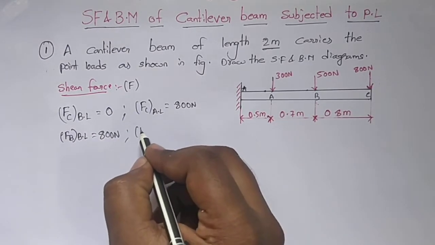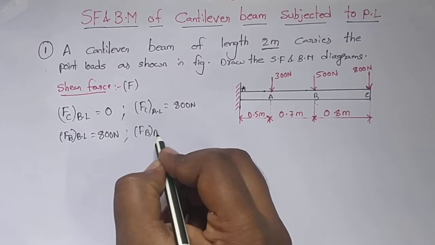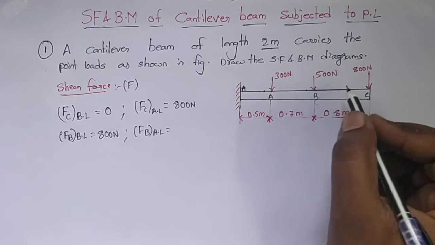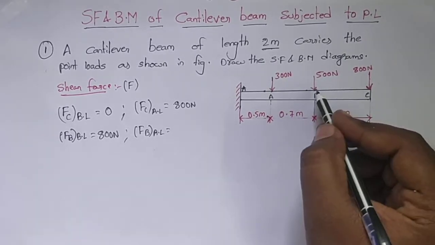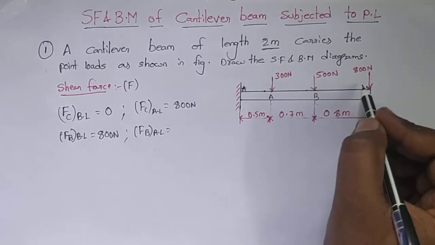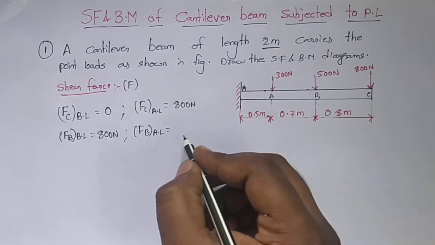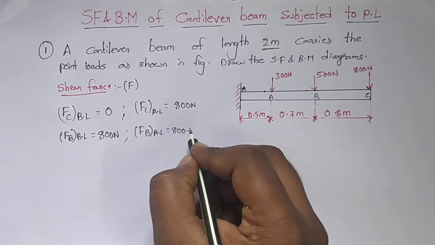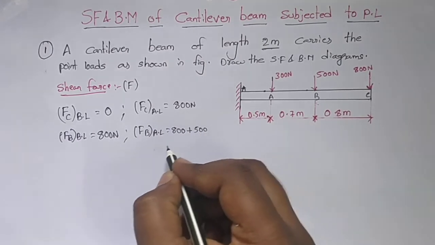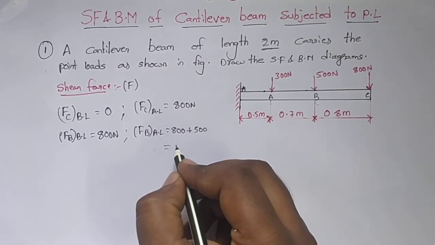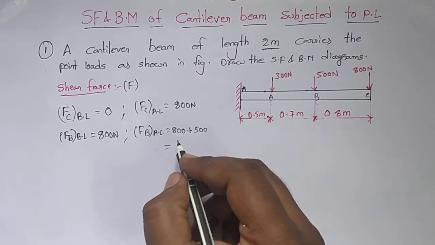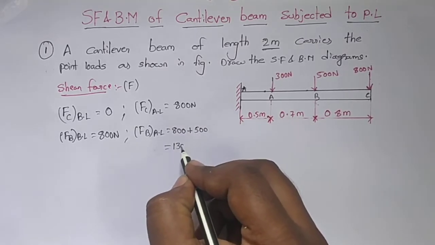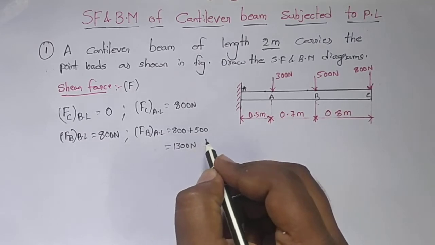Similarly, shear force at point B after load. After load means we need to consider this 500 newtons also, so in total there are 2 loads. The 2 loads are acting downwards, so we add the first load, 800, and the second load, 500. Therefore, the total value at point B is 800 plus 500, which is 1300 newtons.